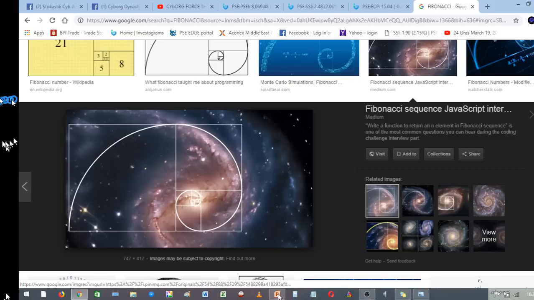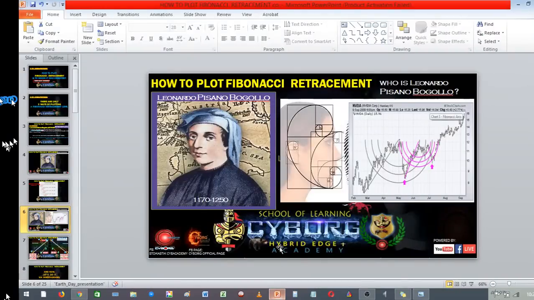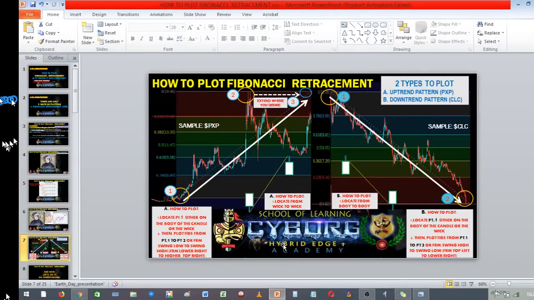So without further ado, let's go back to our lesson. There are two types of plotting the Fibonacci: in an uptrend position and in a downtrend position.